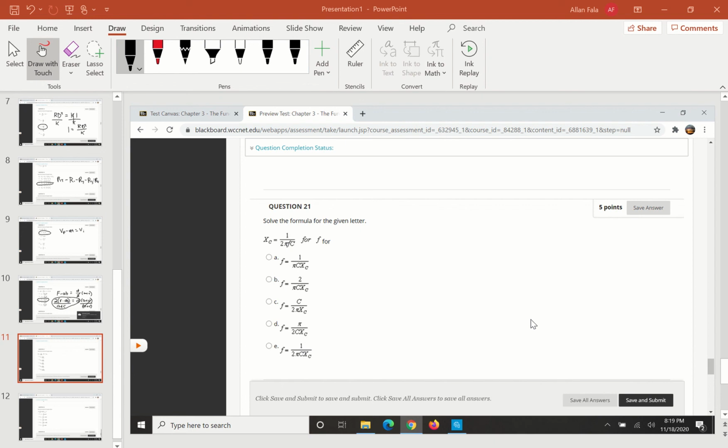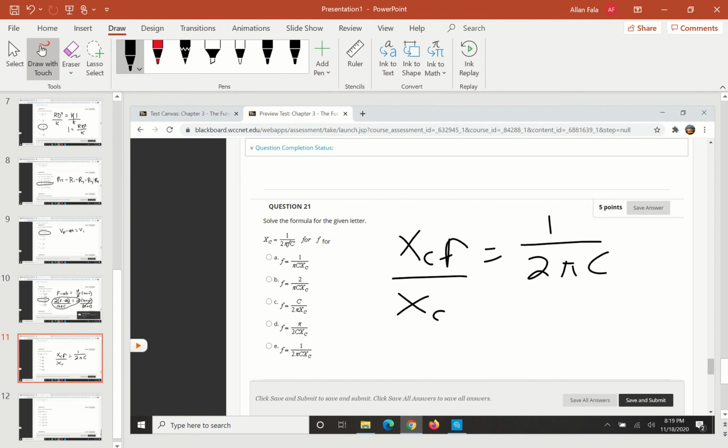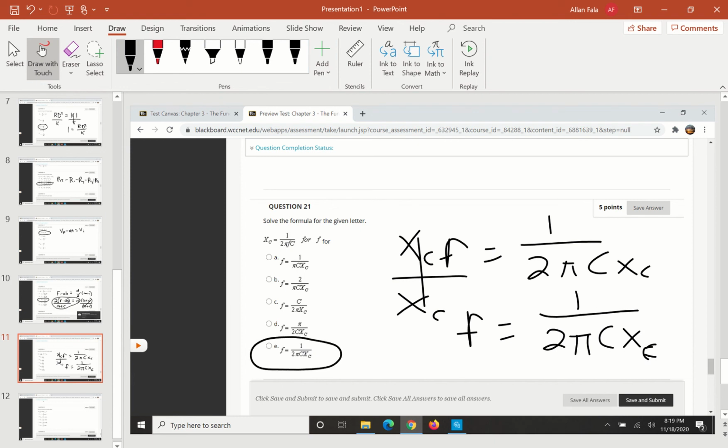First thing we're going to do is multiply both sides by F. So that's going to give us X sub C times F is equal to 1 over 2 pi C. Now we divide both sides by X sub C. That cancels out, so F is equal to 1 over 2 pi C X sub C. That answer right there.